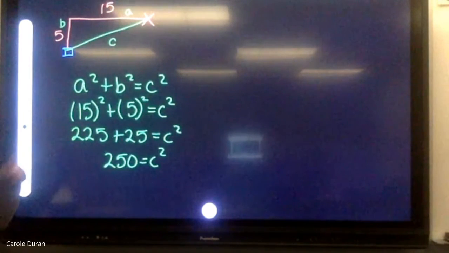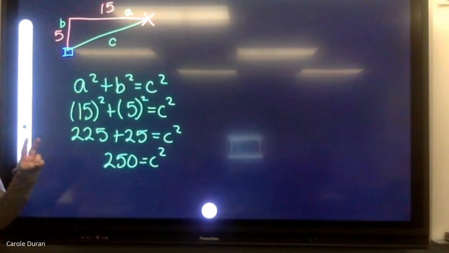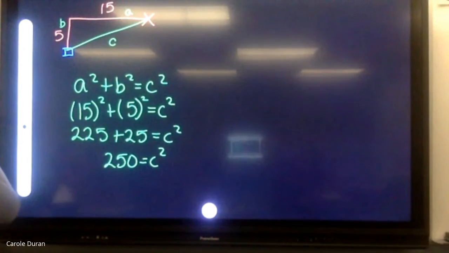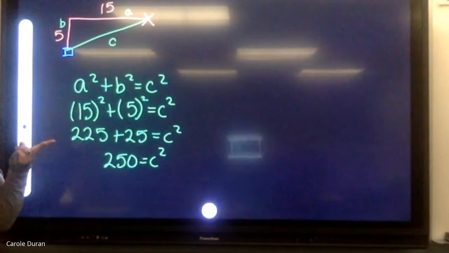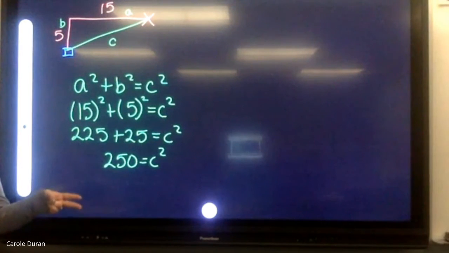I have a question. When we square root something, do we ever get one answer or do we get two answers? Technically two. Because if I were to, for example, take the square root of 4, I could get 2 or I could get negative 2. So it gives me a positive and a negative option whenever I take the square root of something.